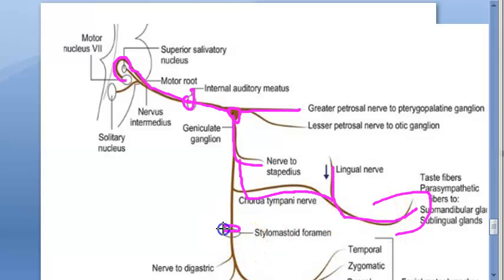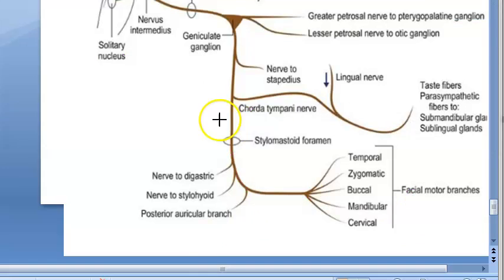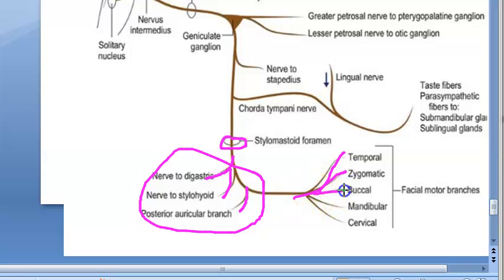Then you have the stylomastoid foramen, and via the stylomastoid foramen it comes out. Here you have the nerve to digastric, nerve to stylohyoid, posterior auricular branch, and all terminal branches: temporal, zygomatic, buccal, mandibular and cervical. Ten zebra bit my cat.